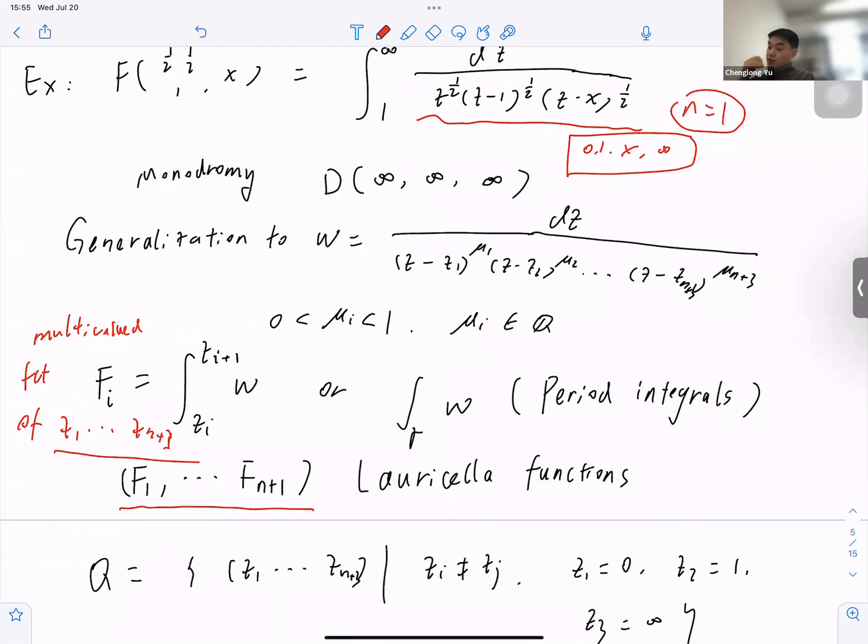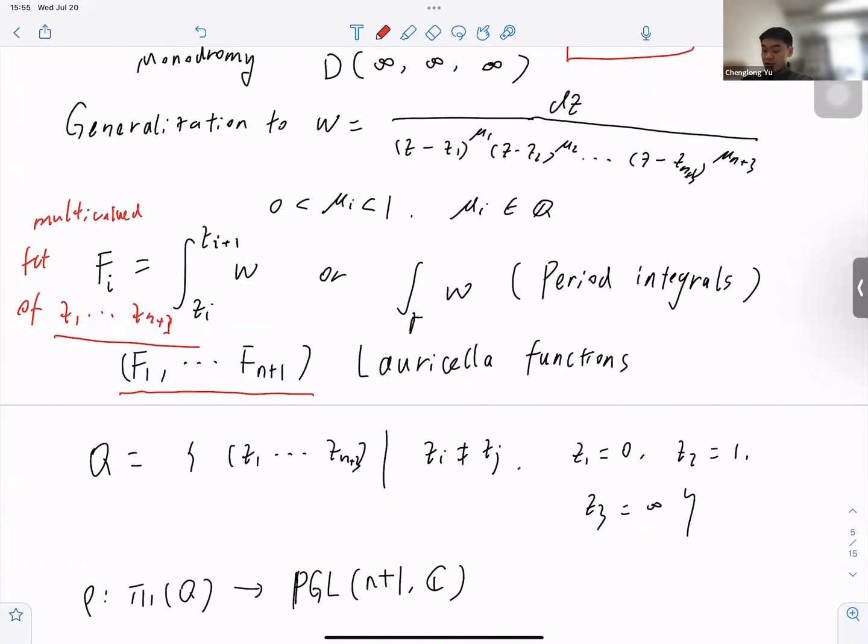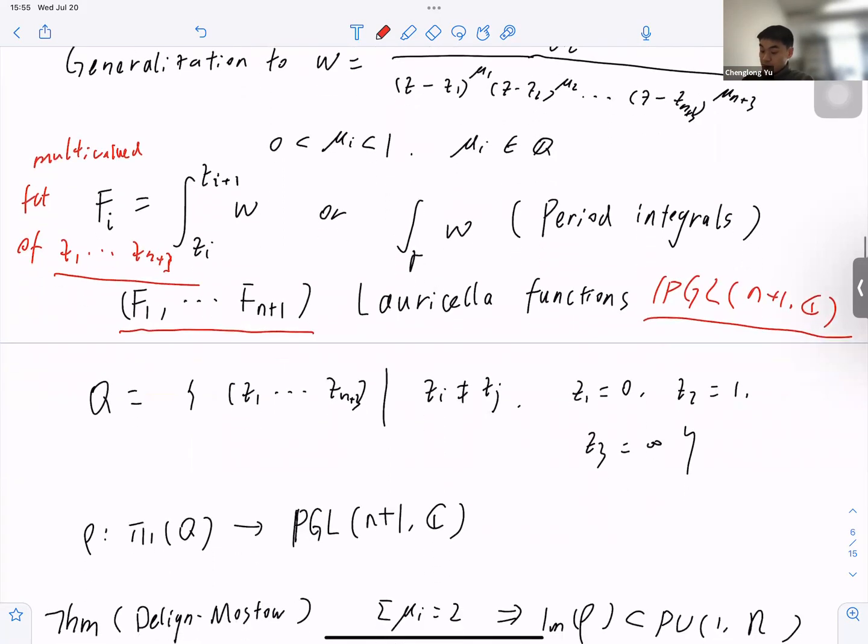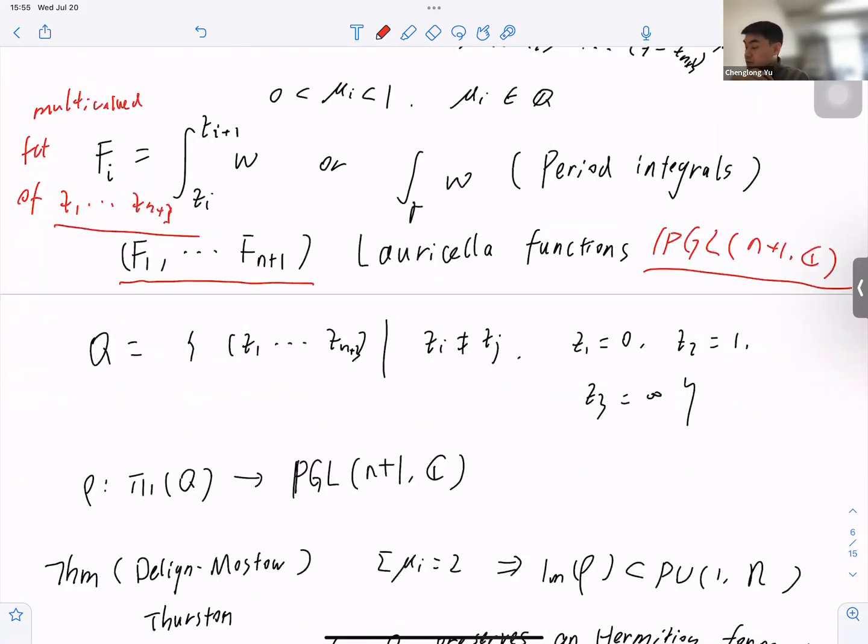And now what we want to study is the symmetry group arising from these multi-valued functions. So this will be a system of functions, and the monodromy group will be some subgroup inside PGL_{n+1}. So first, let's describe the moduli space on which these functions are defined. We can always use PSL_2(C) to move z_1, z_2, z_3 to 0, 1, infinity.